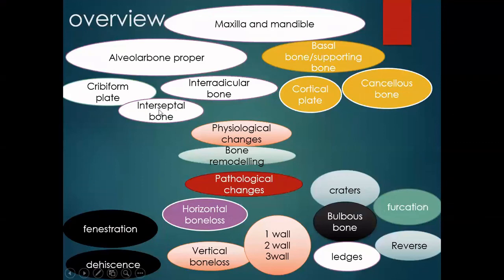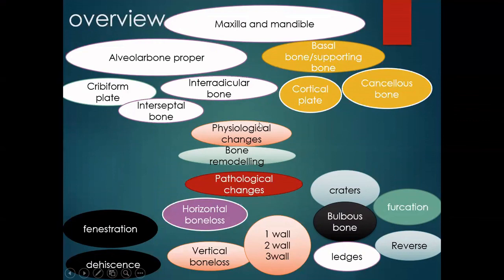Interseptal bone is between two teeth, and the interradicular bone is between the two roots of a tooth. The cribriform plate lines these, and then the basal supporting bone is made up of cortical plate and cancellous bone.